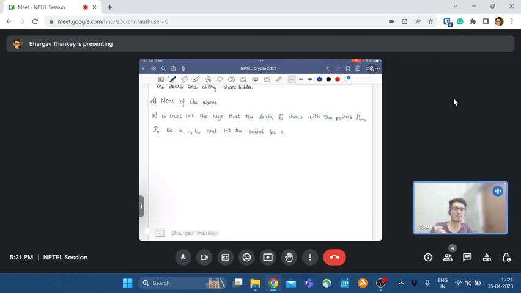Now recall that in the Shamir secret sharing scheme, the dealer is supposed to pick a random polynomial whose constant term is s, right? So in this case, also the dealer would pick a polynomial, but it won't be completely random. It would be picked as follows.